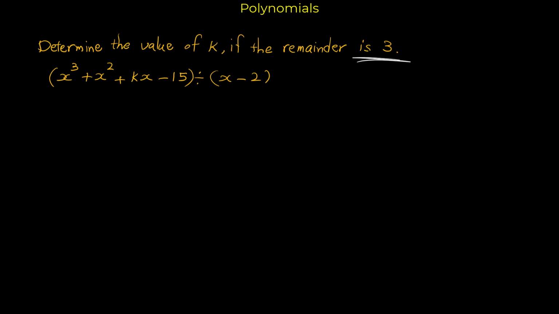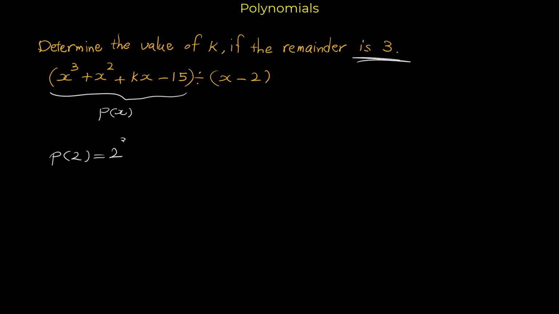So attention, we have the remainder. Based on the remainder theorem, we know that if we want to find the remainder of dividing this polynomial by x minus 2, simply we have to plug in 2 in this polynomial. So let me name this polynomial p of x. And now I'm going to plug in 2.